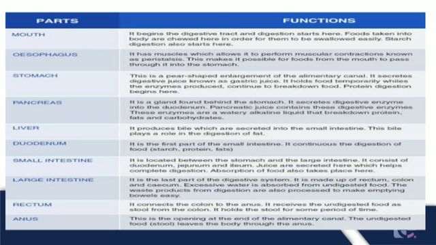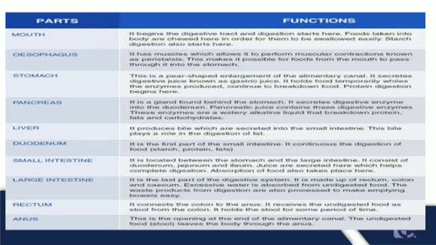The whole small intestine is located between the stomach and the large intestine. As we have seen, the duodenum is the initial part of the small intestine. It has two more parts known as the jejunum and ileum. The juices secreted by the small intestine help in the complete digestion of food.